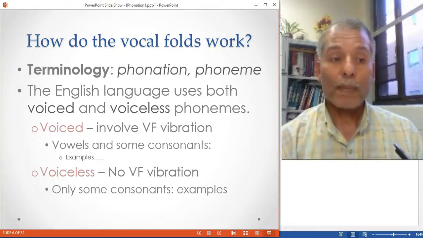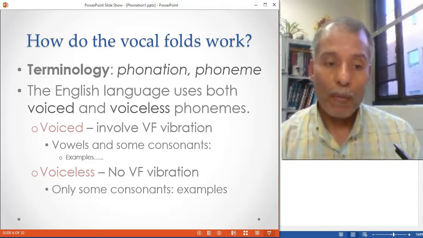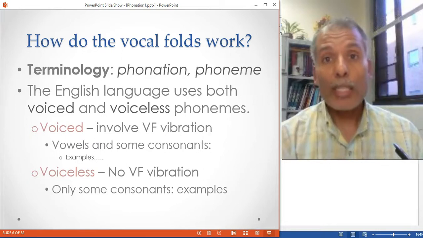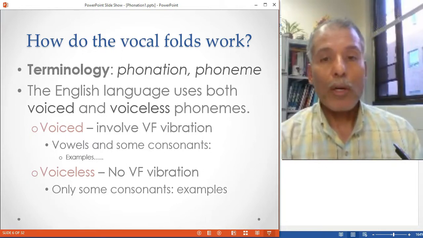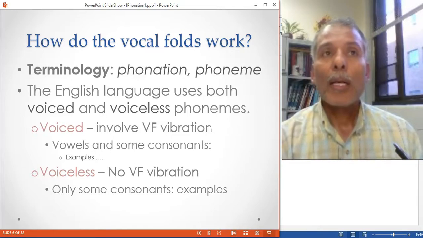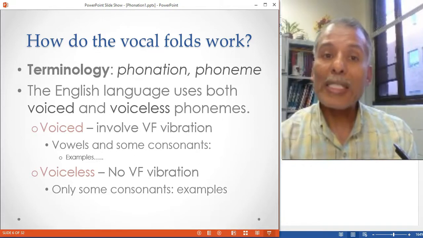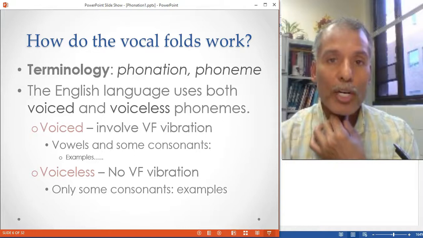For this reason, we do not describe the vowels in terms of voicing, because all of them are voiced. We describe them using different criteria, but all the vowel sounds are voiced, and they are produced by vocal fold vibration.